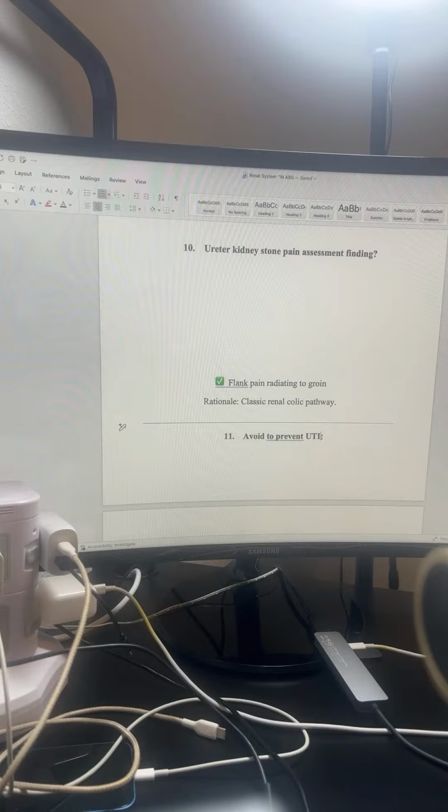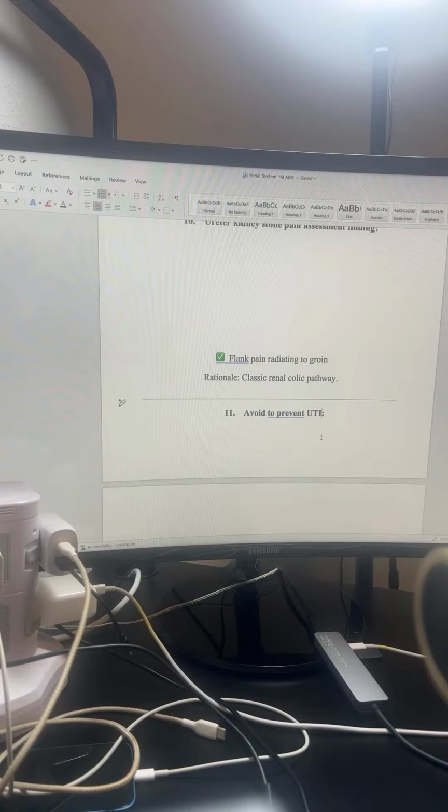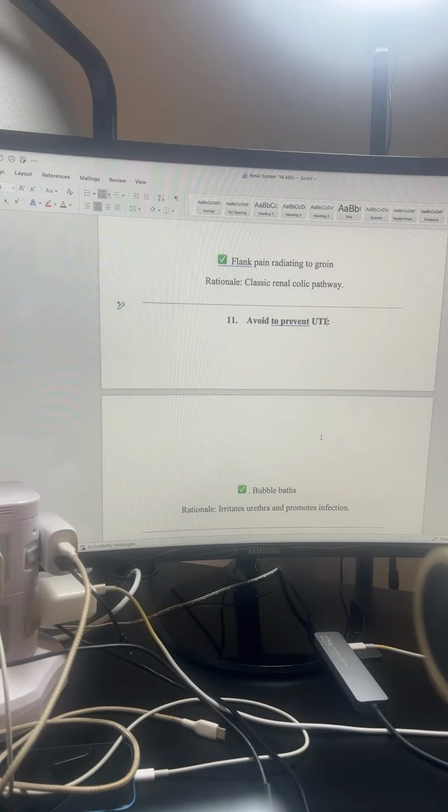Avoid anything strong smelling, depending on the females, the underwear, try and avoid anything that has too much fragrance down that side. Bubble baths and things like those irritate the urethra and promote infection, so encourage them or teach them to avoid all of those.